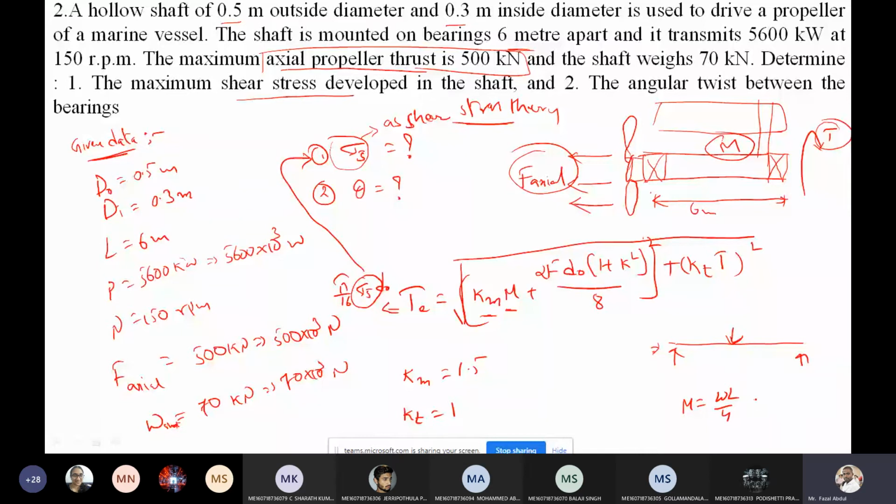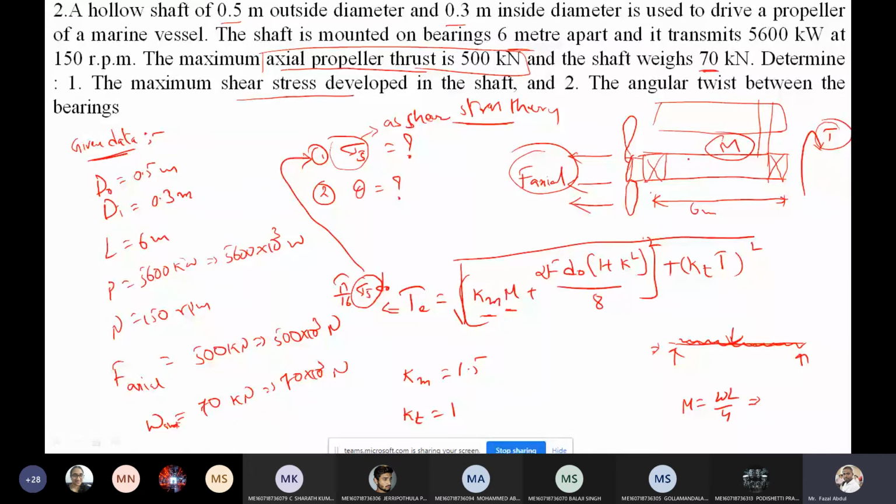So W value is given here. How much is the W value? The shaft weight. Oh, wait, Babu. Here, not point load, we need to consider uniformly distributed load, because in the question it is not particularly mentioned where the belt is attached to the gearbox.